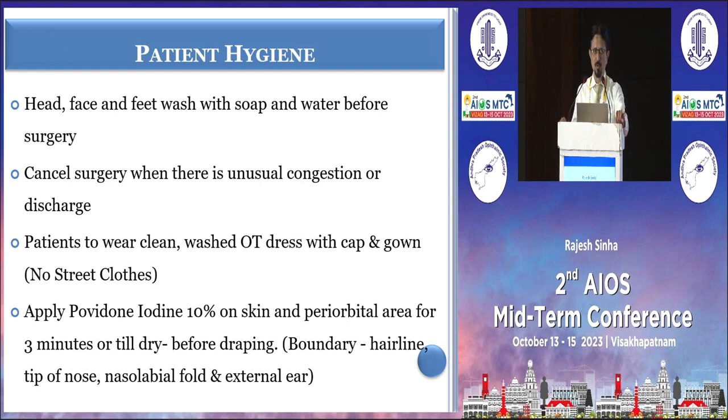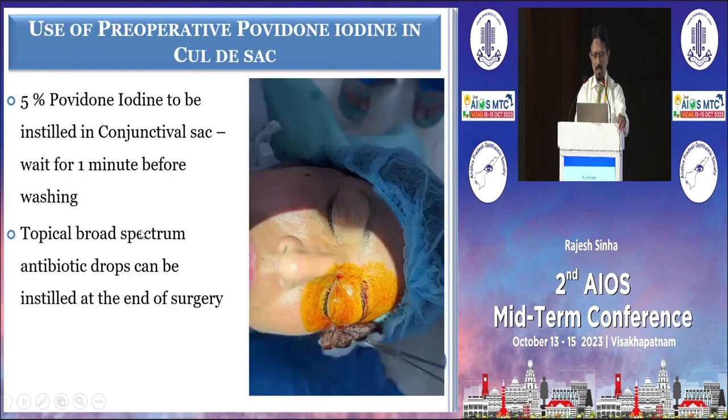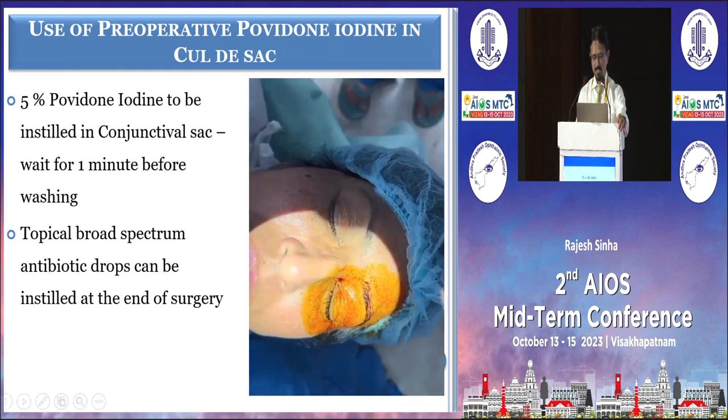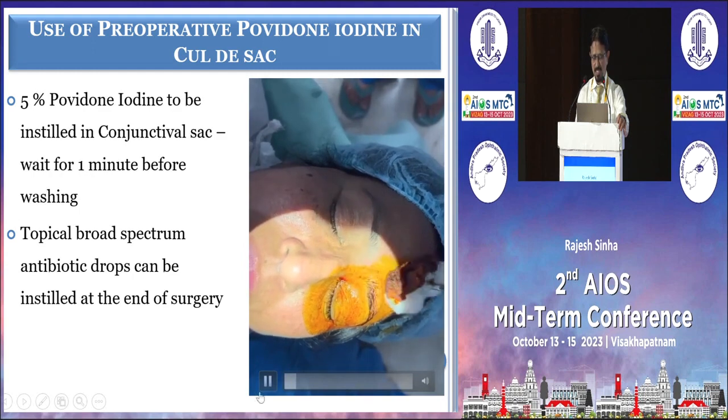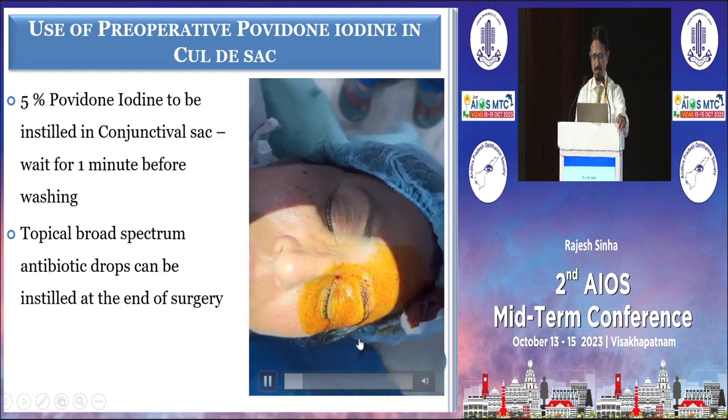The patient should also be cleaned. The eye and the periocular area should be cleaned. So the skin around the eye should be cleaned with betadine 10%. If you are putting it inside the eye, you have to dilute it, as I said earlier. For the cul-de-sac, the conjunctival sac, we have to use 5% povidone iodine, and for the outside skin we should use 10% povidone iodine.